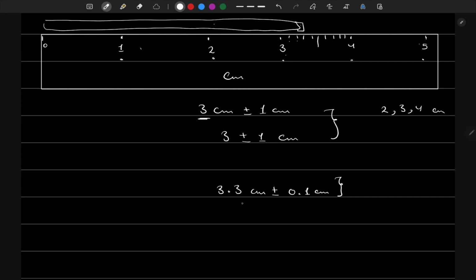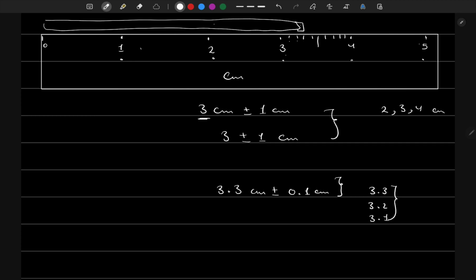But here, my margin of error is significantly smaller, it can be 3.3, it can be 3.2 or 3.1 centimeters. Now, the margin of error here is drastically smaller. Why? Simply because I have a more accurate measuring device.